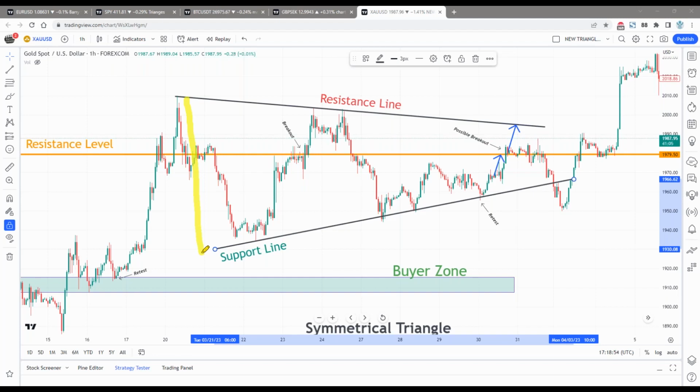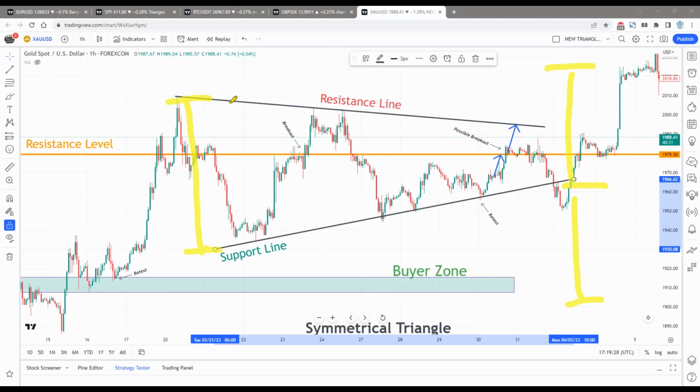But at the breakout point, you can then use this width of the triangle to set your target. Because remember, you need to have a target price to set your risk reward ratios to see if you can even afford to make that trade. So the base of the triangle will serve as that target price at the breakout.